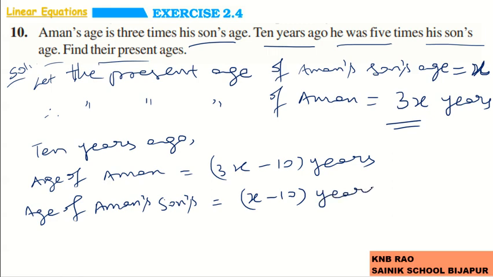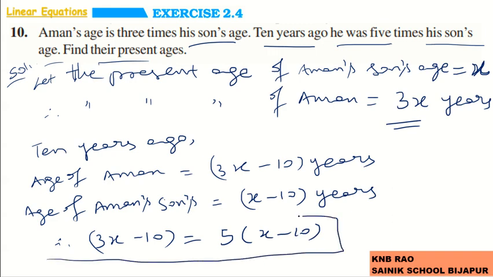Now there is a relation. What is the relation between them? 10 years ago he was 5 times his son's age. So therefore this 3x minus 10 equals 5 times the son's age. This is the equation. Now we need to solve.